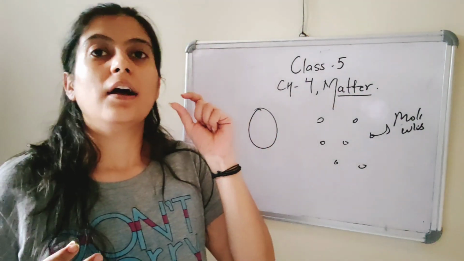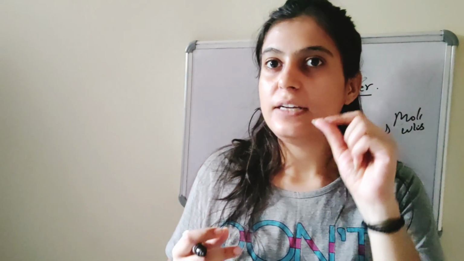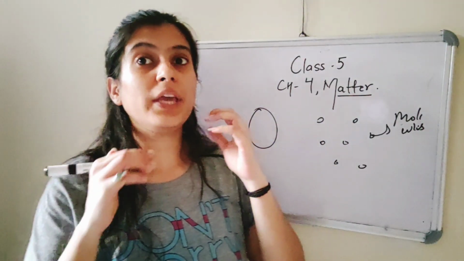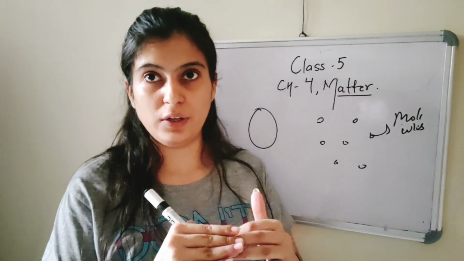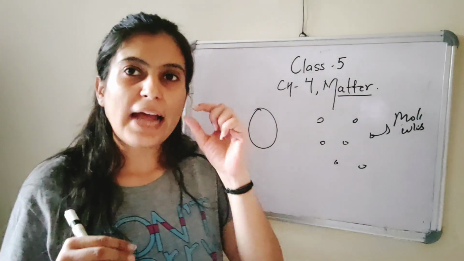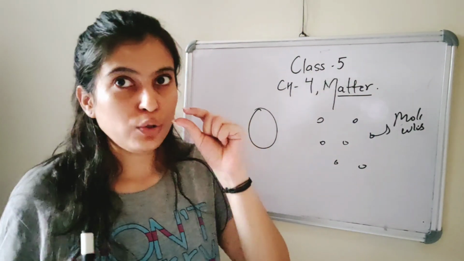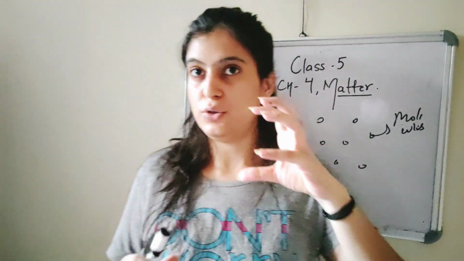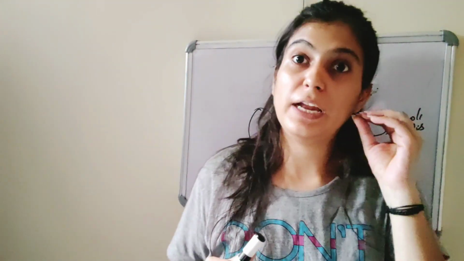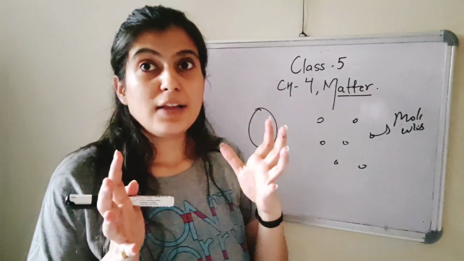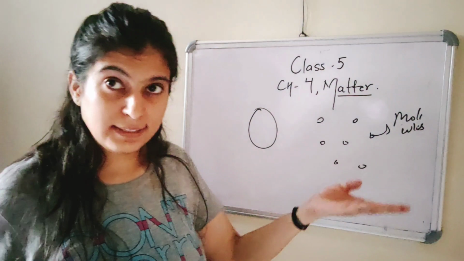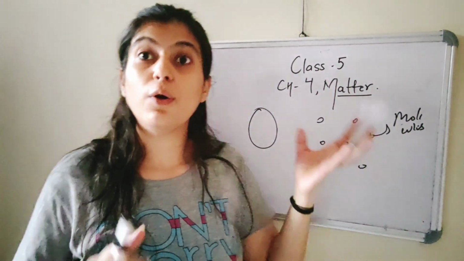Further, when you crush that tiny particle, you will see a point will come when you cannot crush the particle further. So that point at which you can't crush the tiny particle, that is your molecule. Sugar is made up of a large number of sugar molecules. So matter is made up of molecules.